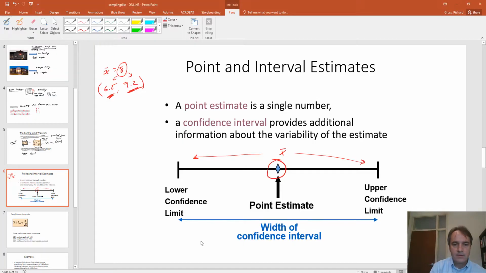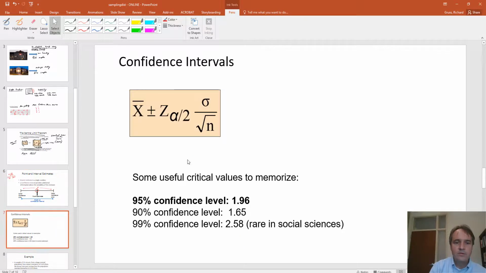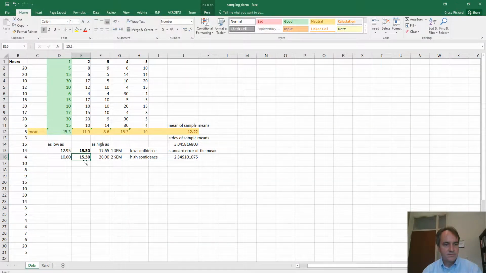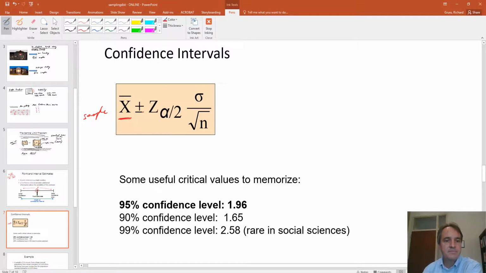Okay, so the way we do that is by multiplying. So here we have our point estimate, right? That was our sample mean. In our spreadsheet, it was that number there, plus minus, and then this is our standard error, right?